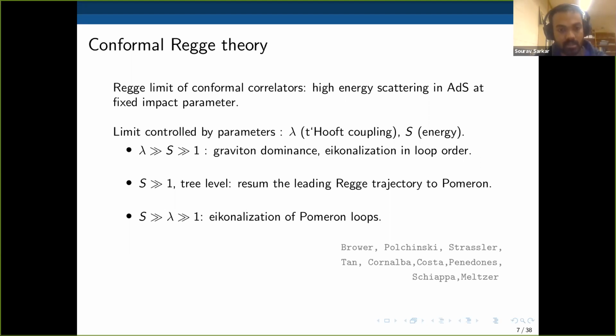If we just take the energy to be large, then we basically have to resum all of the leading Regge trajectories, all the exchanges, and that gives us the Pomeron exchange. And recently, what has also been done is that you first take s large, and then we take the 't Hooft coupling large, and this has been done to show the eikonalization in Pomeron loops.